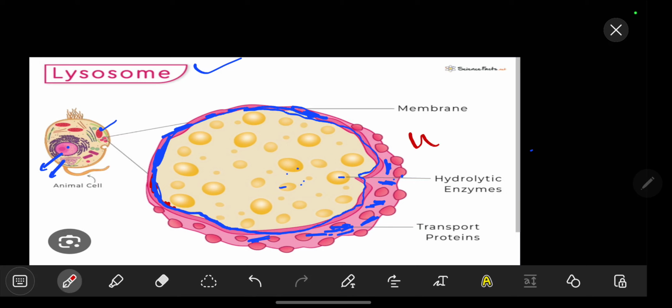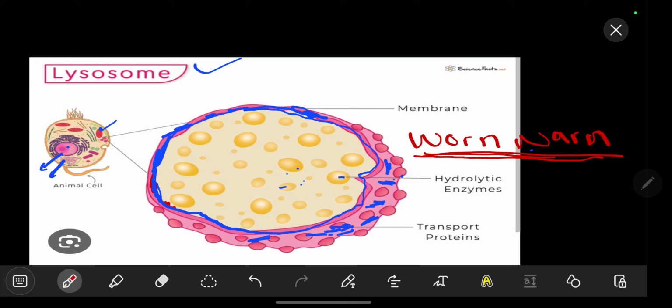When organelles, let's say the nucleus, the rough endoplasmic reticulum, all those organelles, are worn out, the lysosome can destroy them. When they are damaged and cannot properly perform their function, the lysosome can destroy them. So the lysosome's function is to break down certain substances.